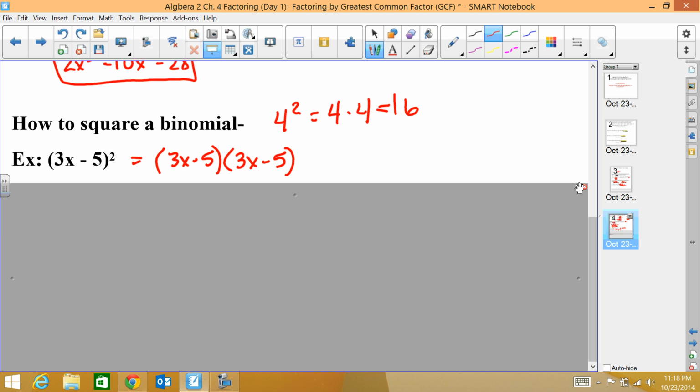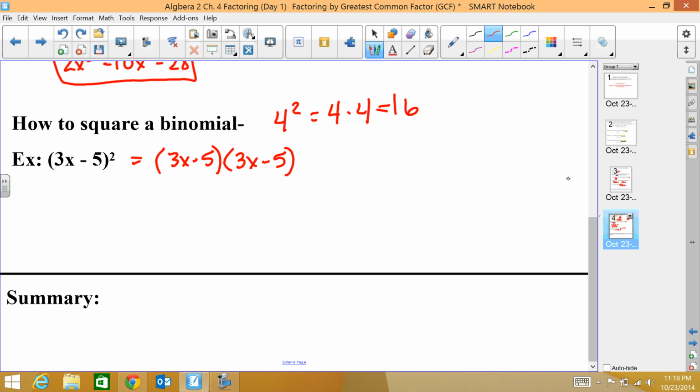So you can choose to use the stacked method or double distribution. I'm going to do double distribution. So I'm going to distribute the 3x. So I would get 9x squared, and then 3x times negative 5 would be negative 15x. Then I would distribute the negative 5.